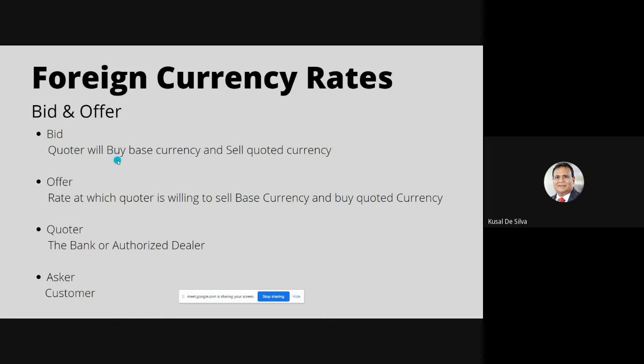The bid rate is the rate at which the bank will buy the base currency or sell the quoted currency. What is the base currency in USD LKR? USD. LKR is the quoted currency. If anyone wants to sell the base currency, the bank will use the bid rate. If anyone wants to buy LKR, the bank will use the bid rate to sell that quoted currency. Simple explanation is that.